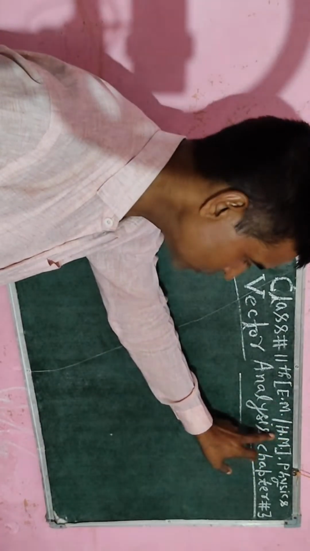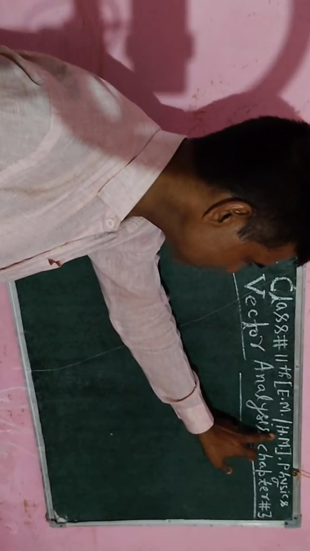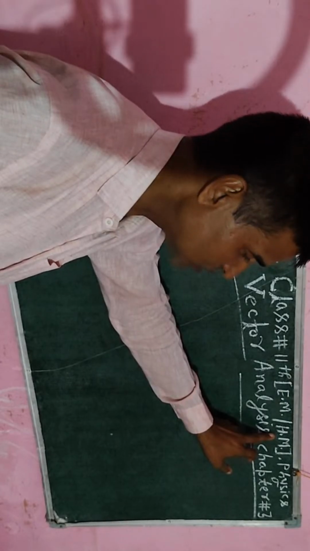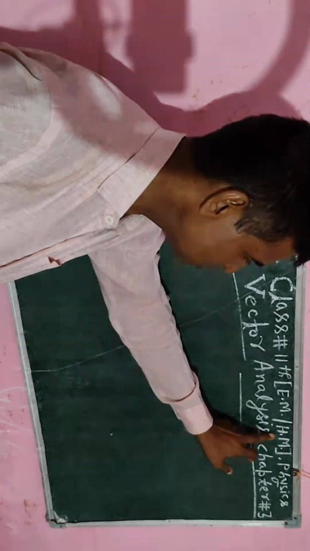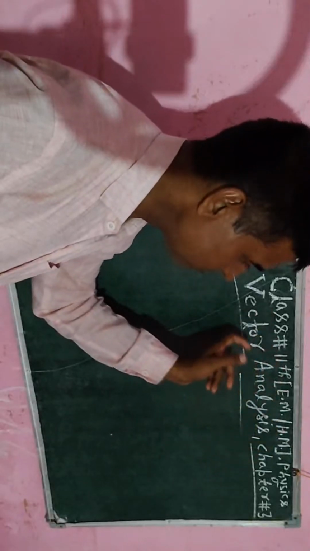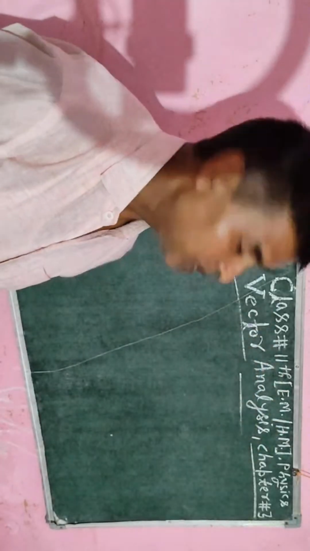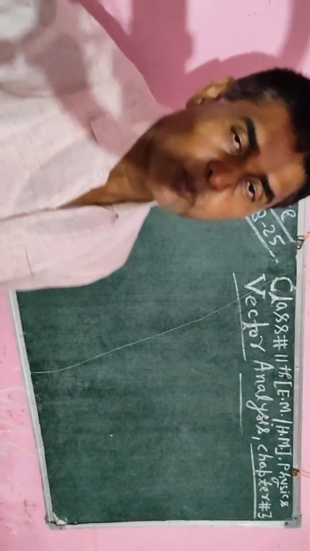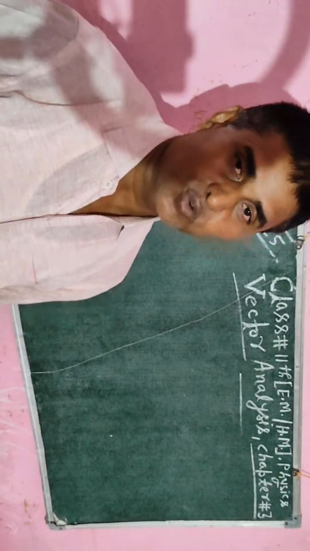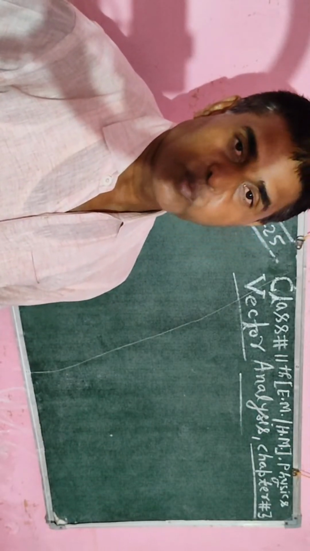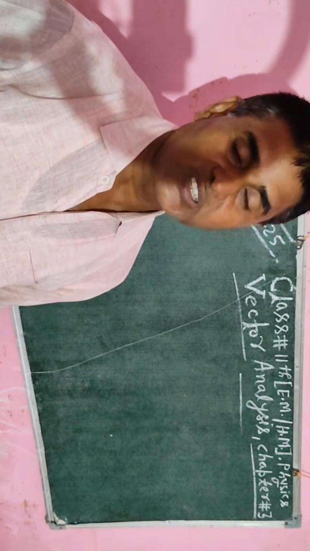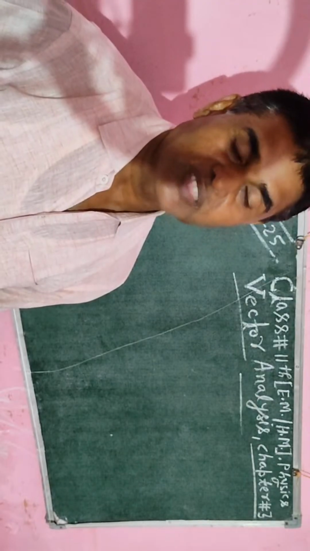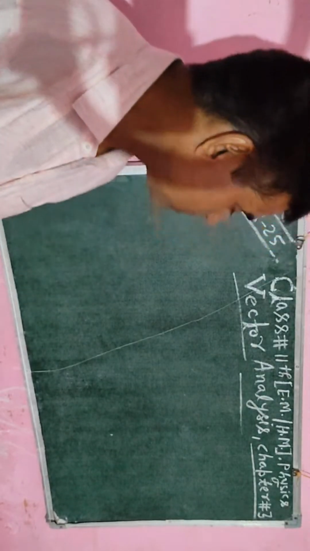So students who are reading in Hindi medium, in the CBSE or UP board, can also understand the concept of vector analysis in detail, because here I am explaining the concept of types of vectors. The position vector I have already told you about. Now I have also described the concept of the displacement vector. Now I will solve all numericals so that the concept will be clear.